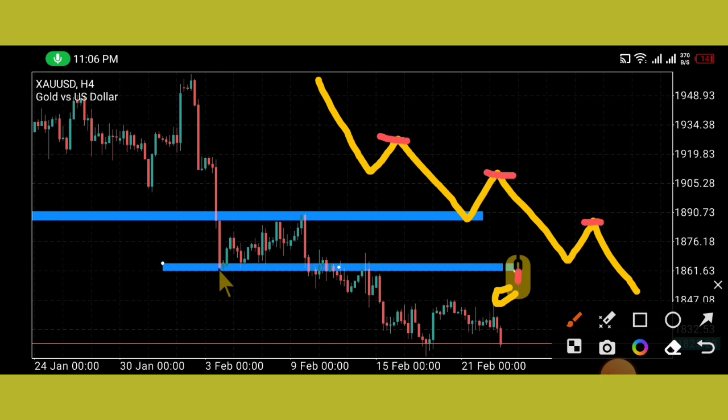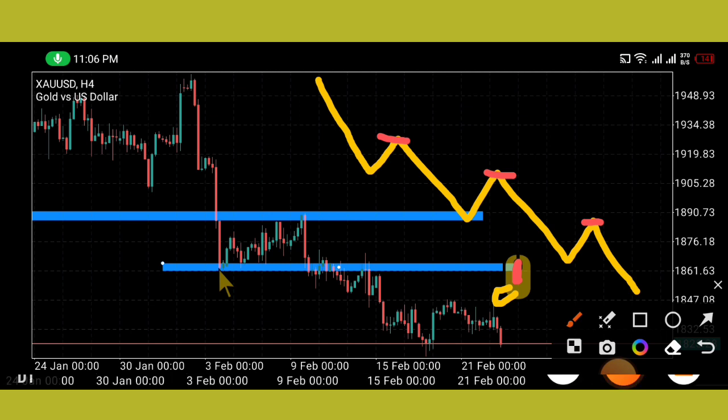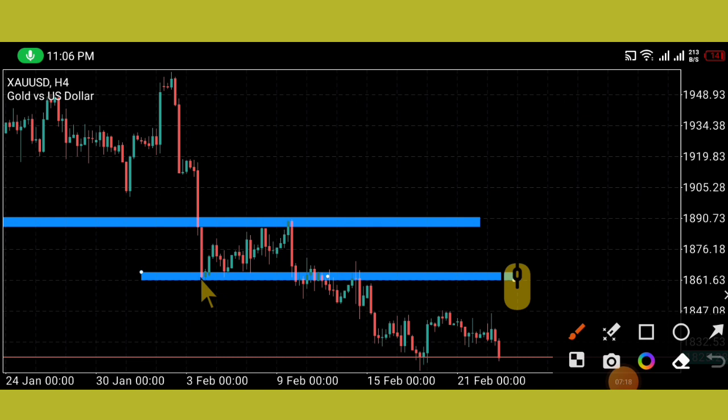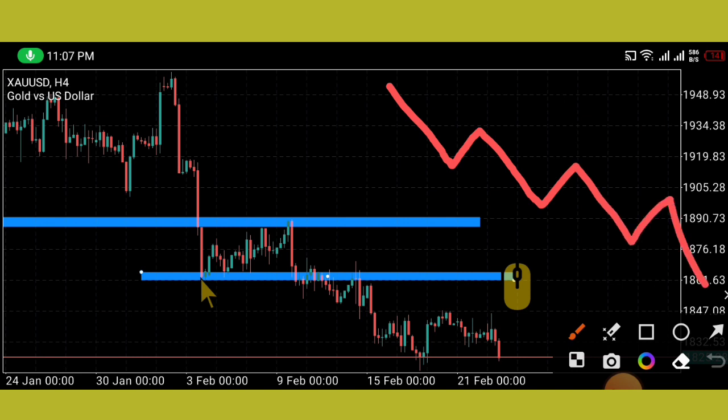So the market came down. Doing that again, in a trending market, you want to see the market coming down and then a retracement. So this is forming something like a lower low and a lower high, a lower low and a lower high, a lower low and a lower high.